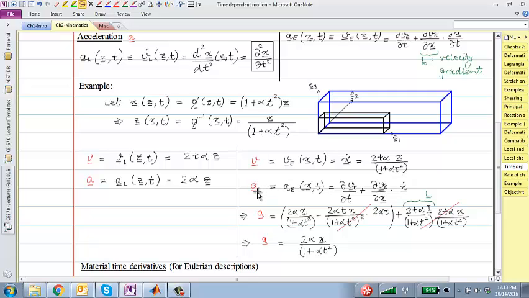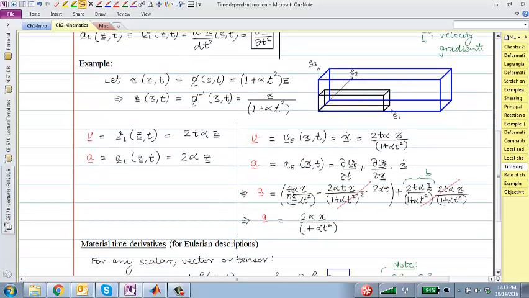Same thing for acceleration. Acceleration is the time derivative of velocity plus velocity gradient dot with velocity, which is the definition up there. If you just go through the algebra, you will see the partial of Eulerian velocity with respect to t, that's the partial derivative of all of that with respect to t.